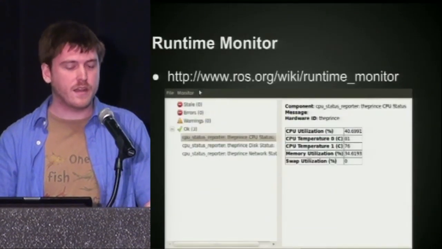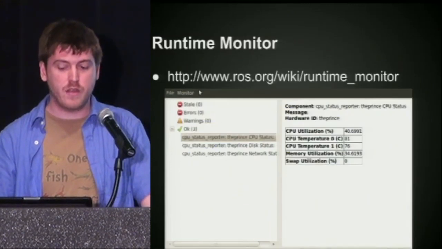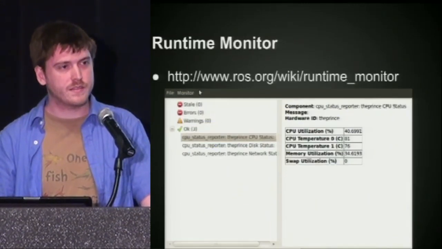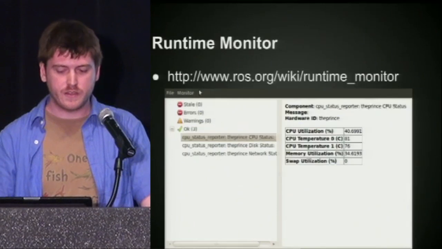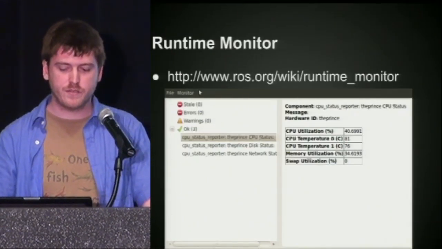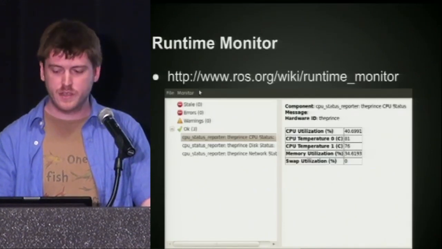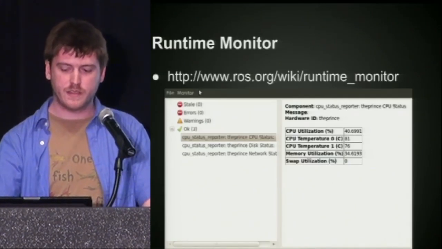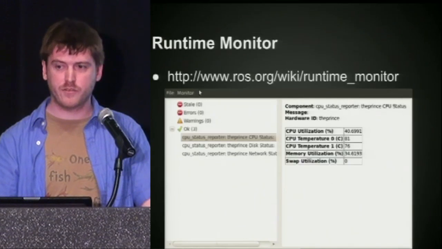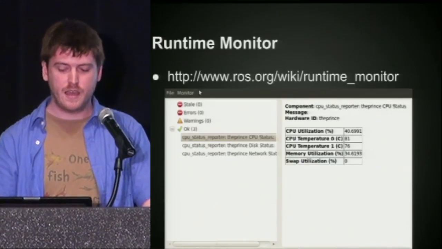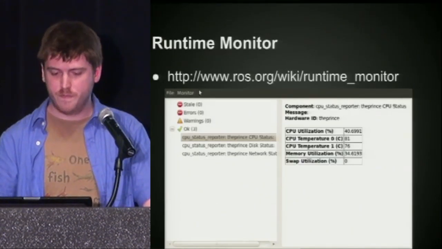This is one of the diagnostics viewer tools. This is called Runtime Monitor, and this is the simpler of the two. You can see here that on my computer, I just made a quick node that reports my CPU, my disk, and my network usage. And over here on the right, you can see the key value pairs between my utilization, my temperatures, and memory and swap.